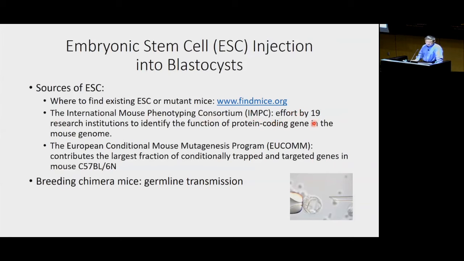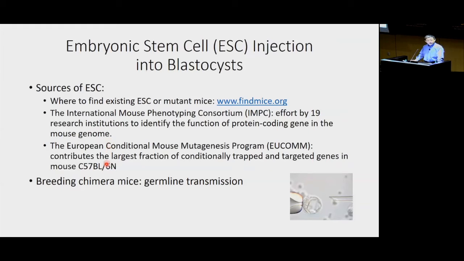As I understand it, it involves 19 research institutions working to identify the function of protein coding genes in the mouse genome. You can look at their website to see if the mice have already been made, and you can request mice. They also have information or links to see if existing ESLs are available somewhere.